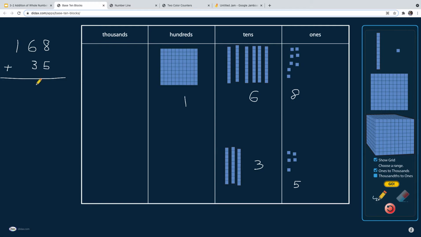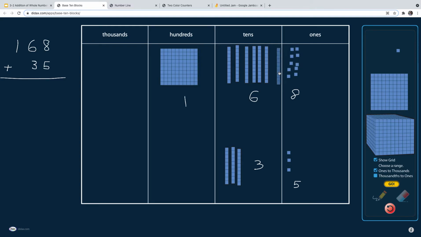Okay, so for this, what do we do? Well, we need to know that when you have 10 ones, you can regroup that as 1 ten, right? So for this, I can combine these two together and regroup this as 110 because it's exactly the same amount, right?